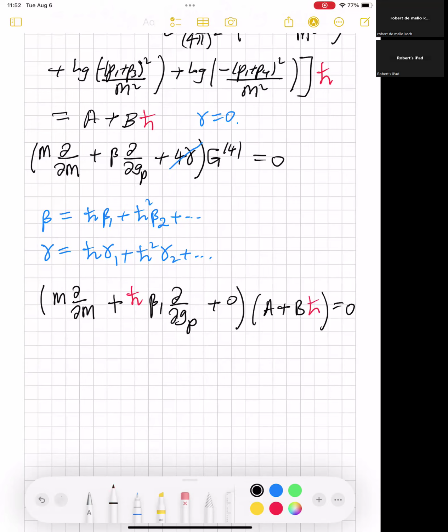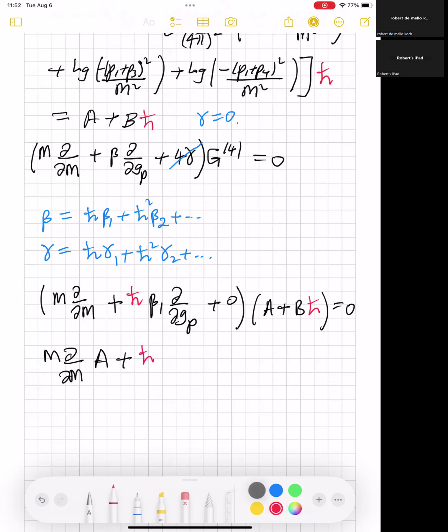Okay, so let's look at the various terms. Of order ħ to the naught, we've got M d/dM acting on A, plus. Now let's look at the terms of order ħ.